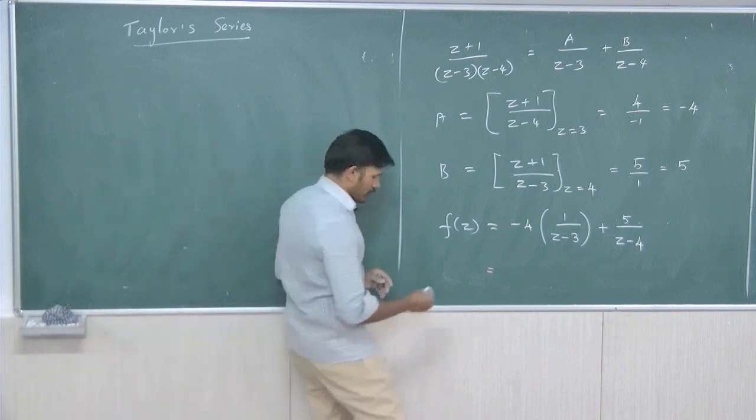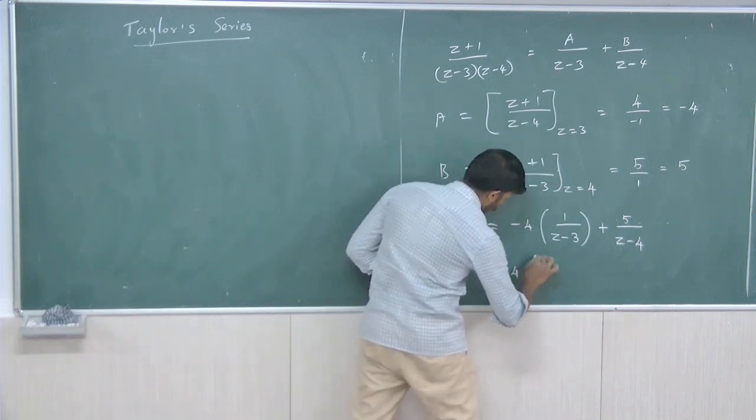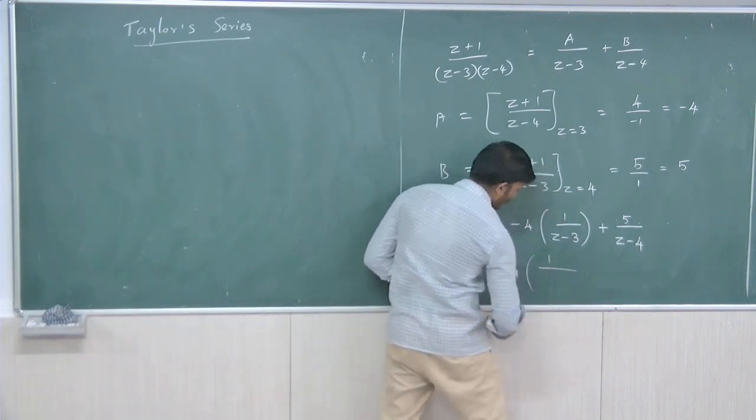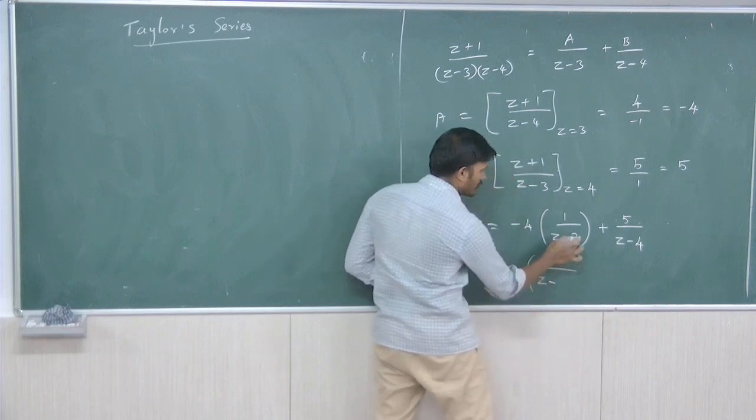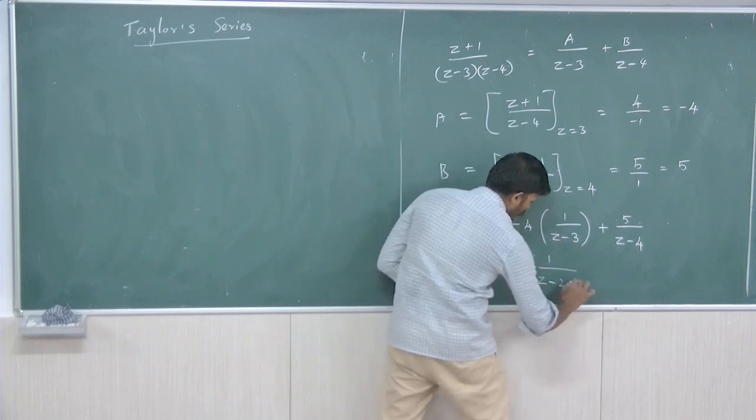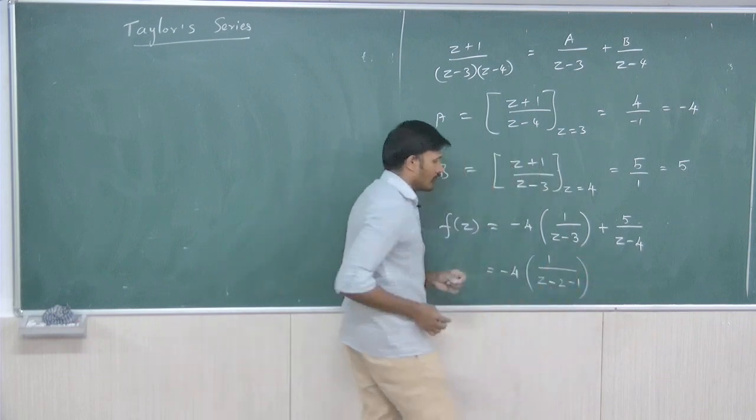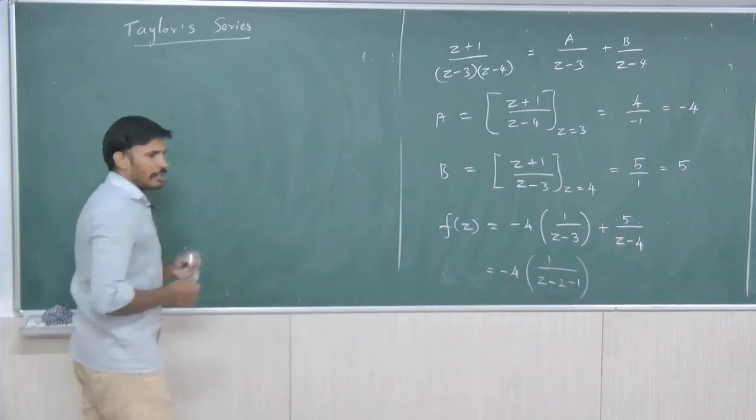So for that I am going to rewrite minus 4 into 1 by, I am going to split minus 3 as z minus 2 minus 1.